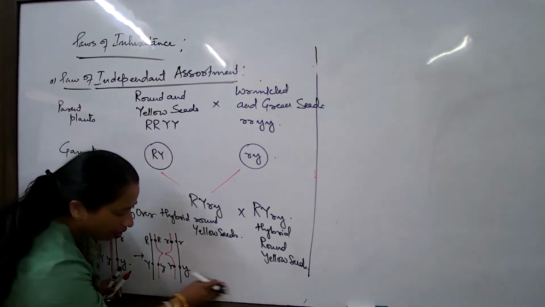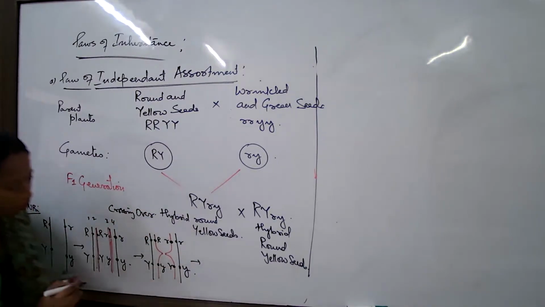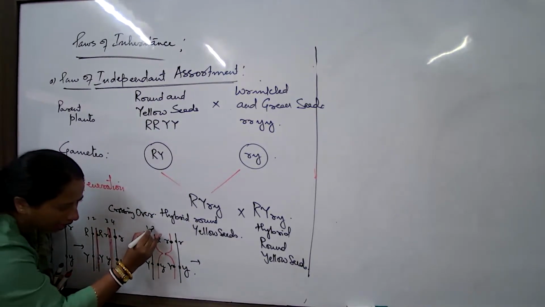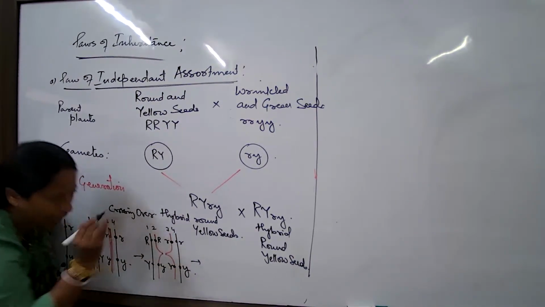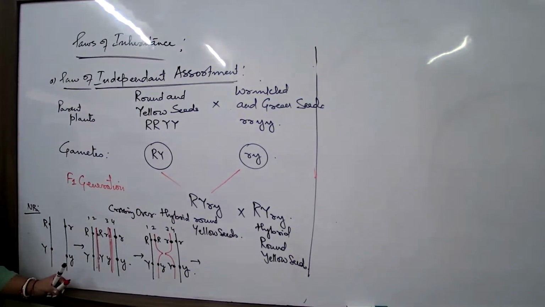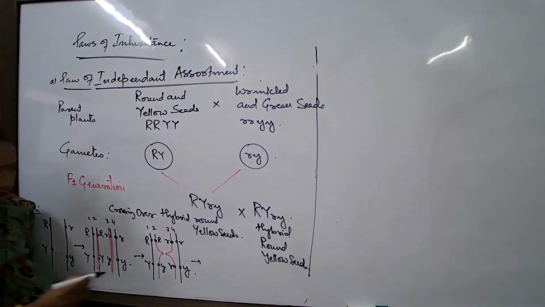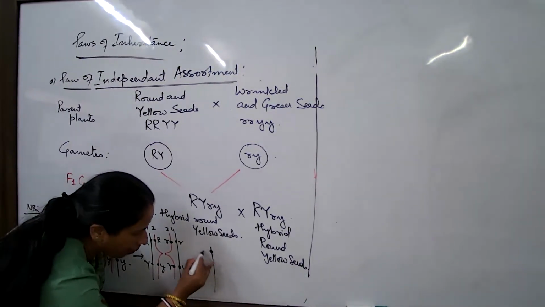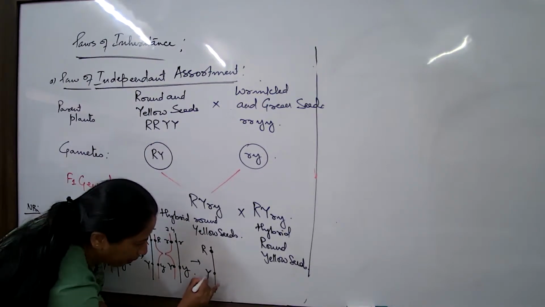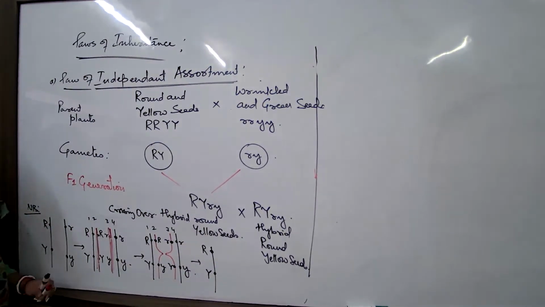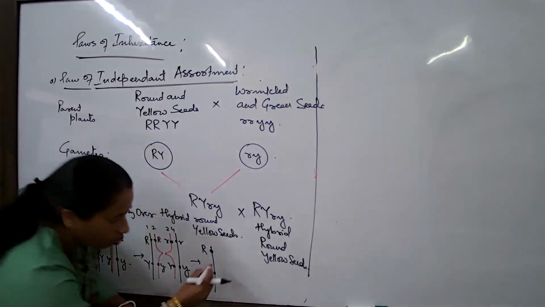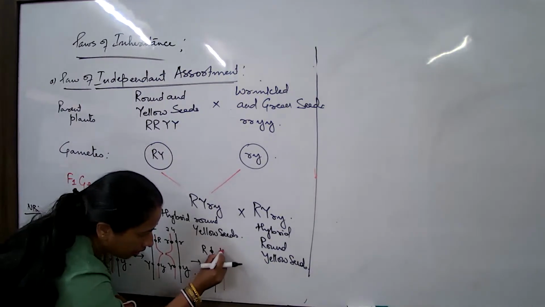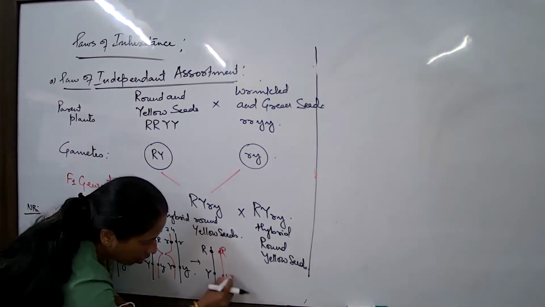Now you tell me, what would be the 4 chromosome combinations now? 1 and 2 and 3 and 4. Now what would be the combinations of alleles? First, capital R and capital Y. What about the second chromosome? Capital R and small y.